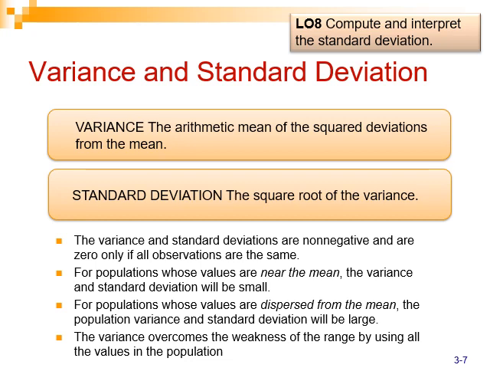Let's see the requirements and the advantages of the variance and the standard deviation. First, the variance and the standard deviation are non-negative and are zero only if all observations are the same.